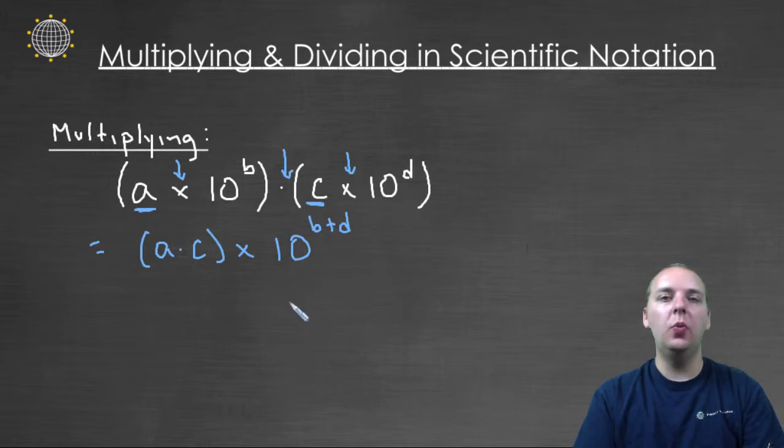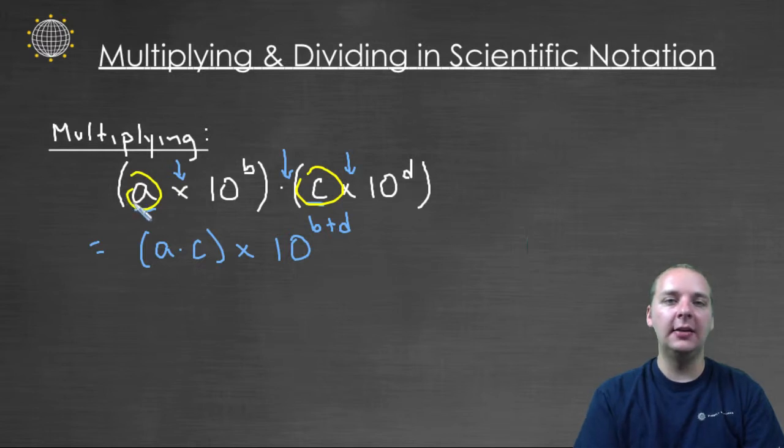Now, there's only one thing you have to be careful about. If you remember, one of the criteria to be in scientific notation was that your a and your c had to only have ones digits, or ones places. You couldn't have double digit numbers here. The a could be something like 7.2, but not 72, because you don't want a ones digit and a tens digit.